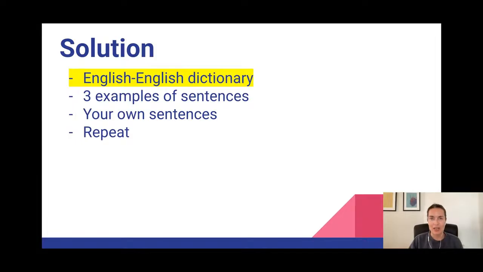Each time you check a word, find at least 3 examples of sentences to use that word, and write them down, and then come up with your own sentences as well, so that you've got a few examples of sentences using that word.